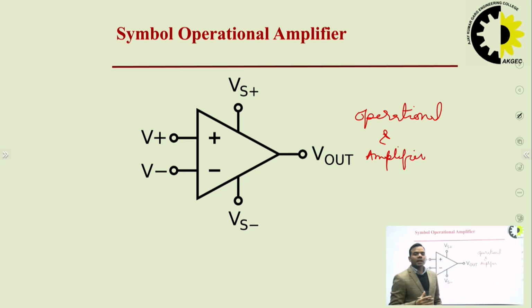Actually, this device is capable of performing amplification as well as it can perform several arithmetic operations like addition, subtraction, differentiation, integration. This is why this device is called operational amplifier.